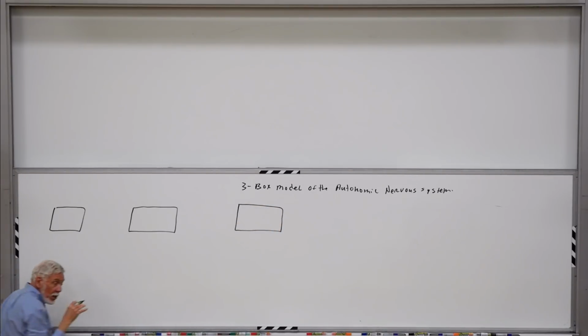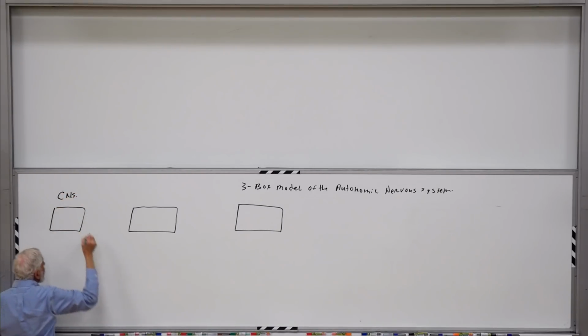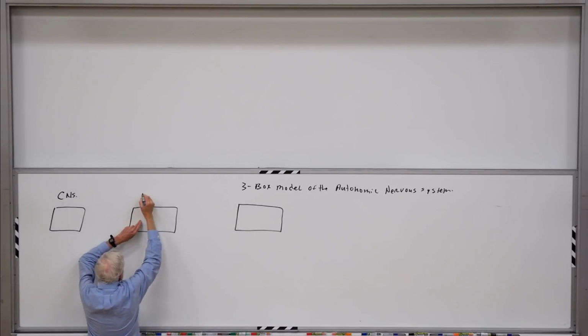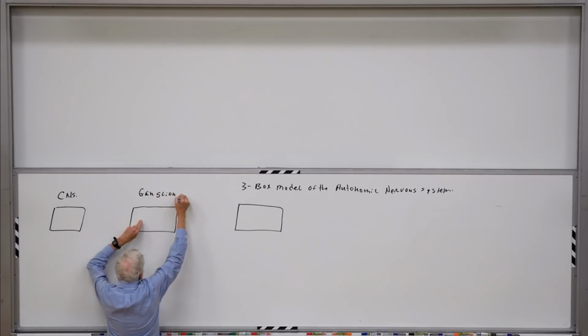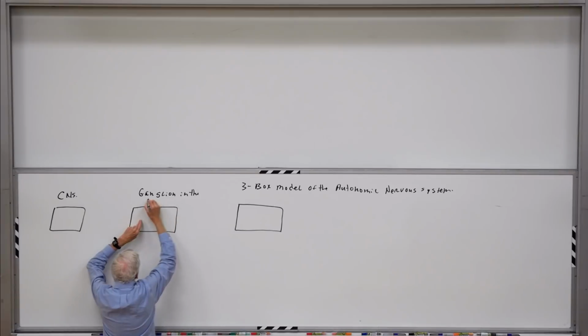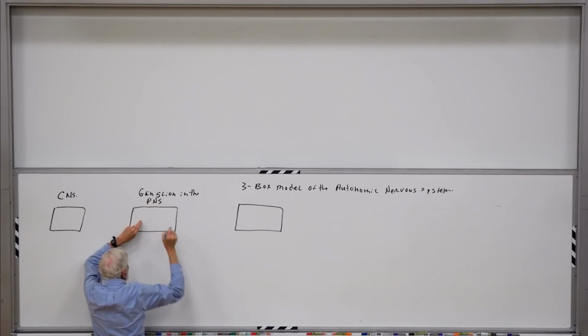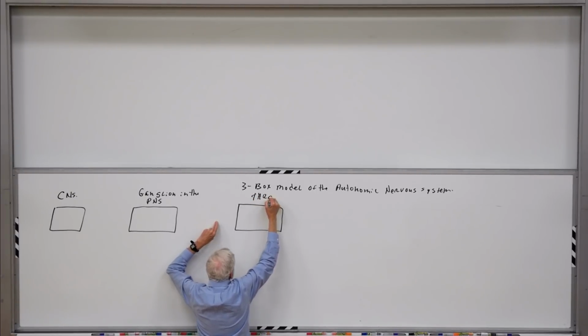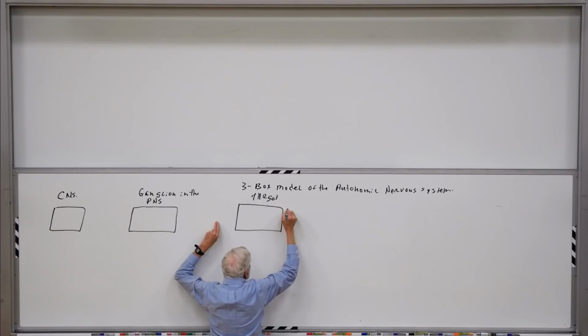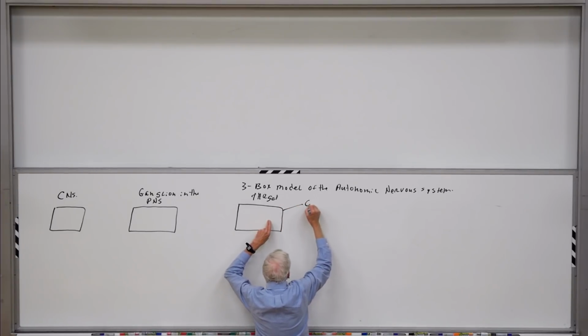So in our generic system, this is going to be the central nervous system. This is going to be a ganglion in the peripheral nervous system. And finally, this is going to be the target. And as we mentioned yesterday, the target could be cardiomyocytes.